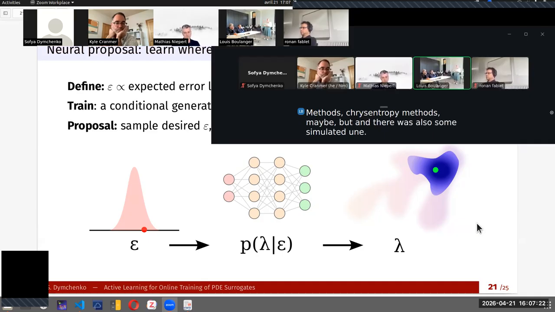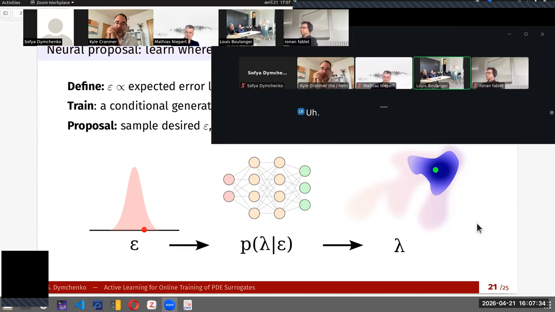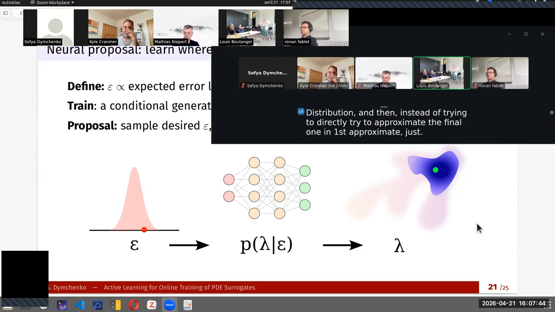There is something where you have the final distribution, and then instead of trying to directly approximate the final one, you first approximate just a linear combination from some uniform.